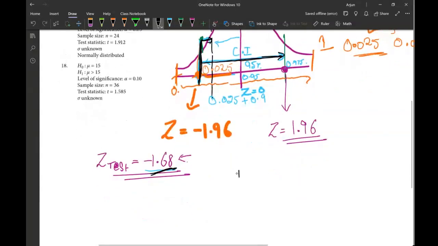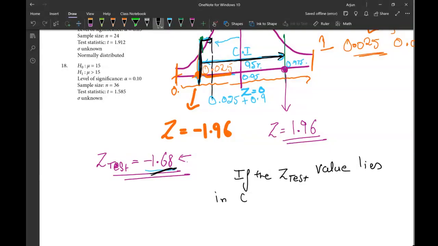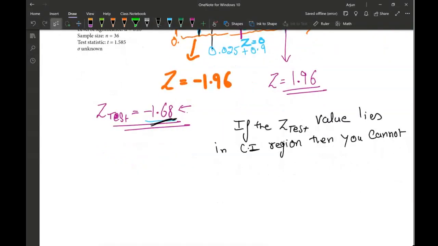If the z test value lies in the confidence interval region, then you cannot reject the null hypothesis.